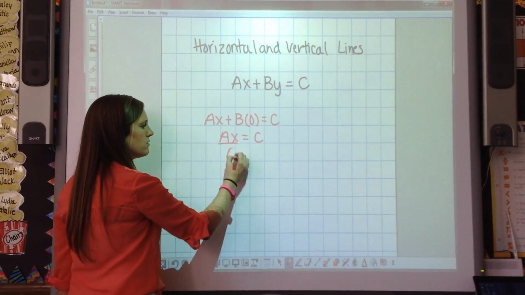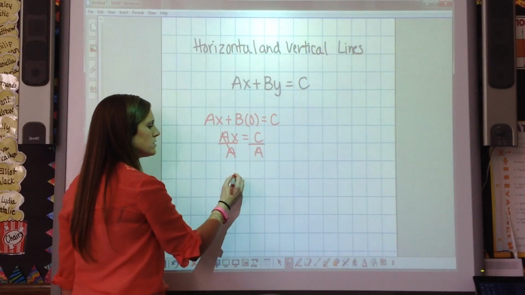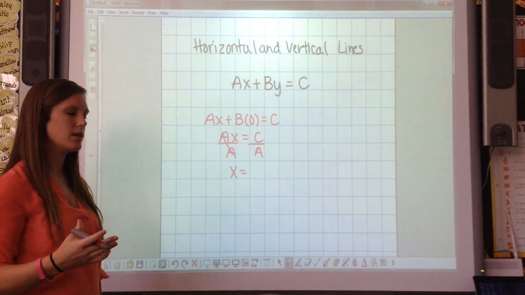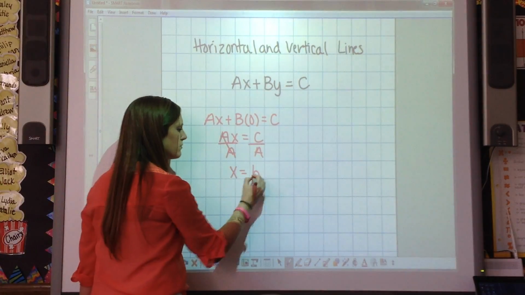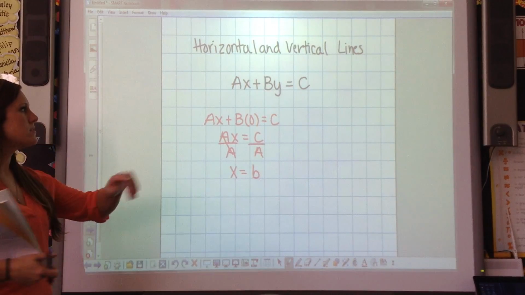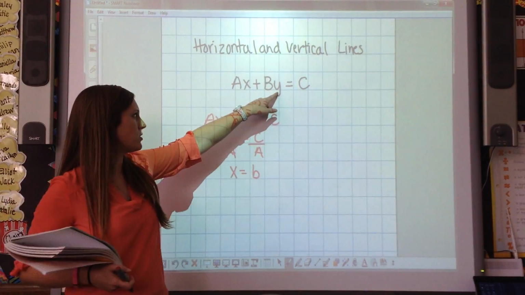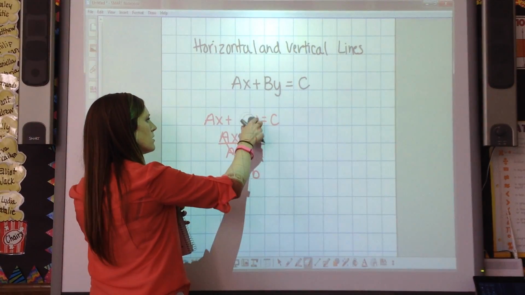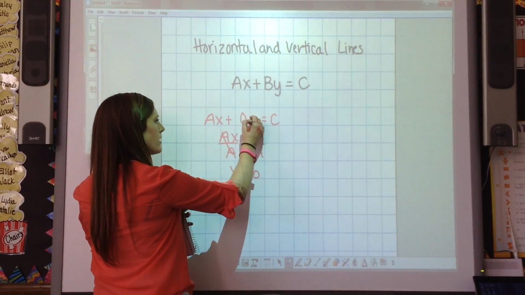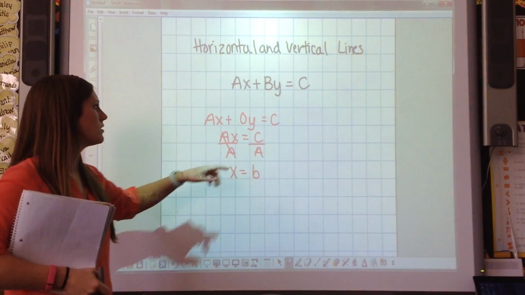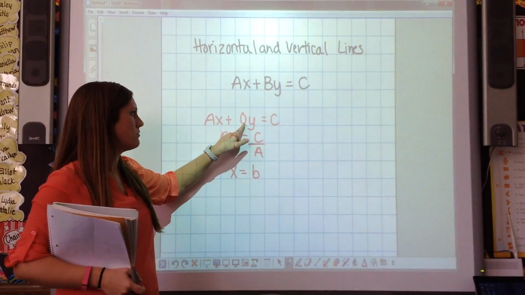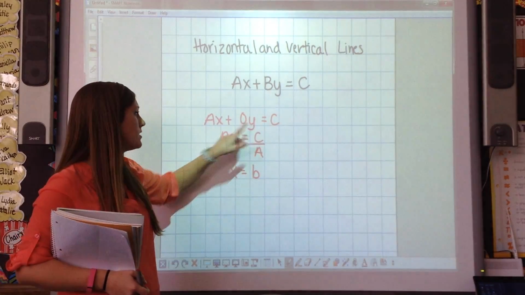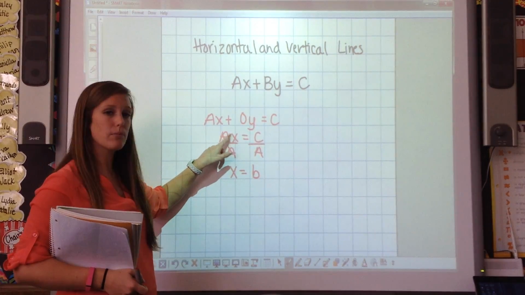To get x by itself, technically over here, you have a variable that equals a number. C divided by A could be any number. So what happens here is if B is 0, we're left with just A and x, so any number times x.